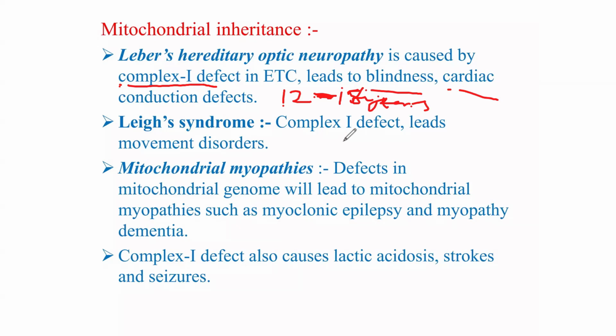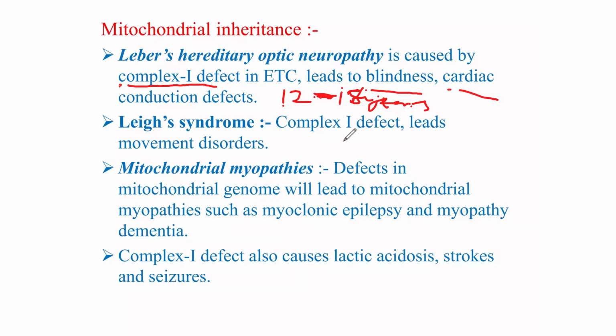Then there is also what you call mitochondrial myopathies, which is also a defect in the mitochondrial genome, which will lead to mitochondrial myopathies such as myoclonic epilepsy and myopathy, dementia.